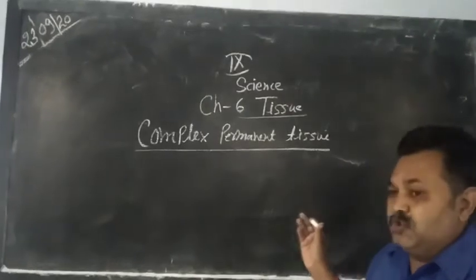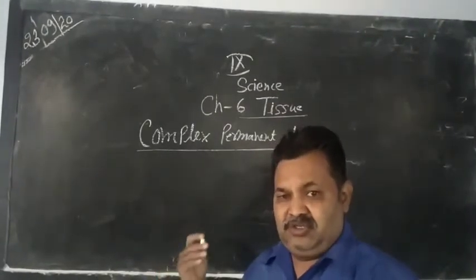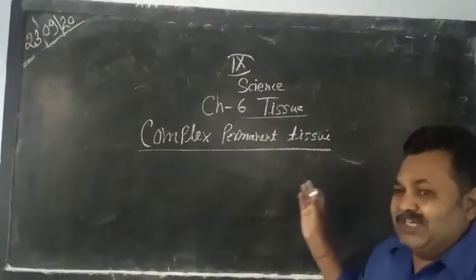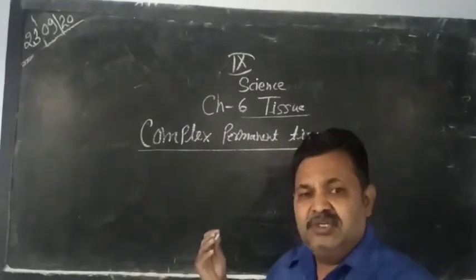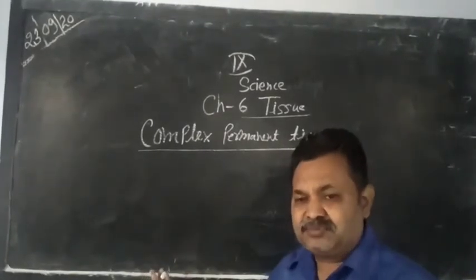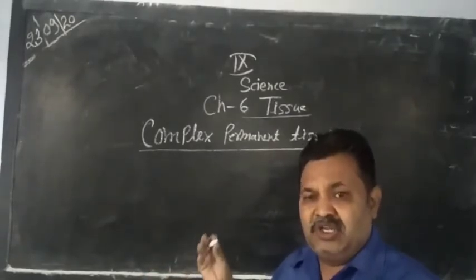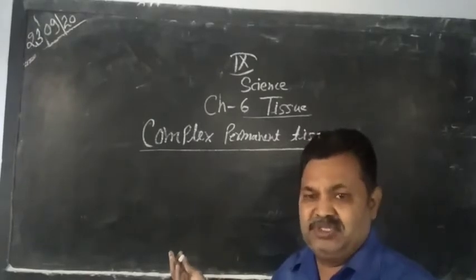Another type of tissue which we discussed are collenchyma, parenchyma, sclerenchyma. Such types of tissues are known as simple permanent tissues.